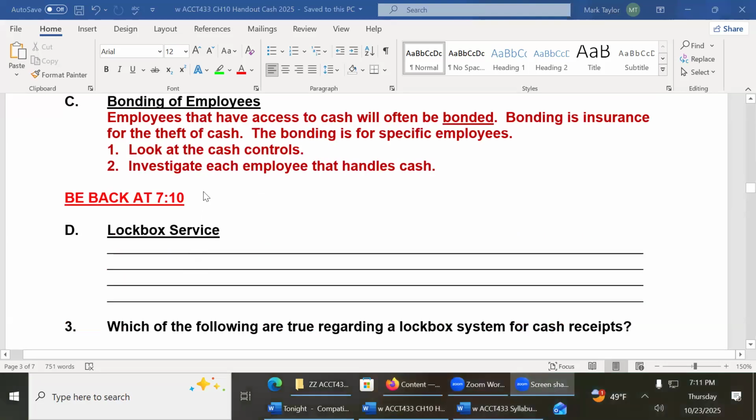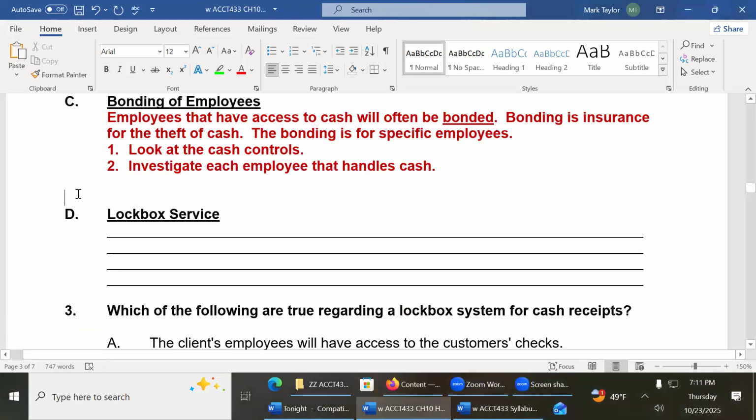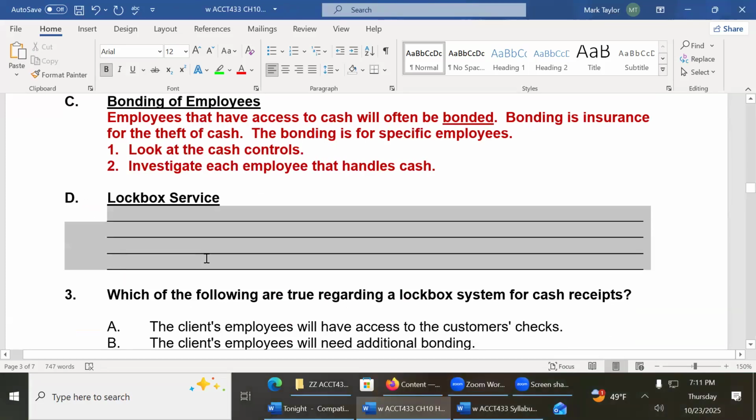Okay, lockbox. A lockbox is often used for collections. A lockbox is a bank, usually.